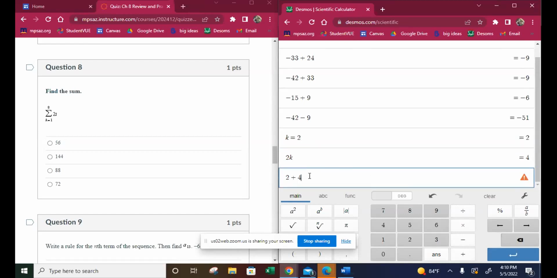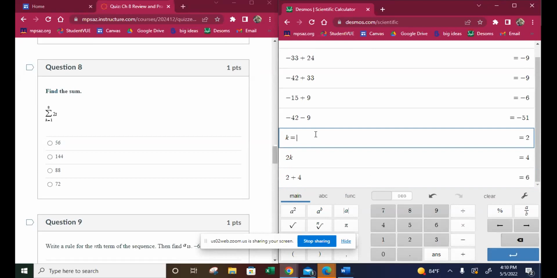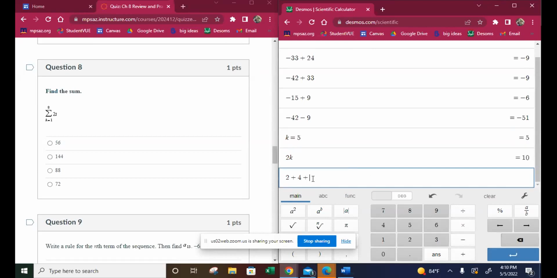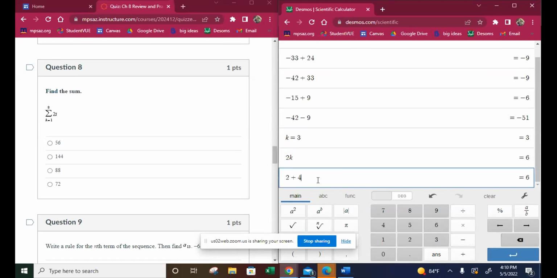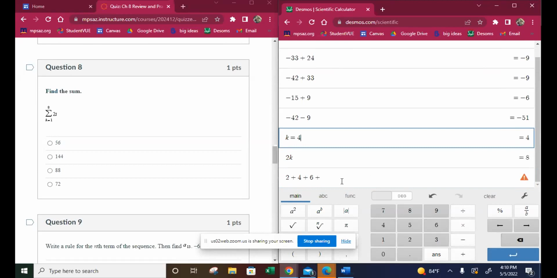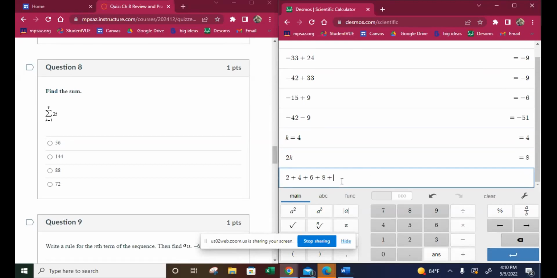And are we going all the way up to 8? It doubles, yes, and it doubles each time. So if you start noticing the pattern, no, you gotta go to 3. Your K is 3. So plus 6, and then it's gonna be plus 8 because you're gonna double that.